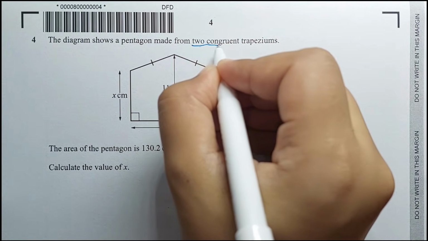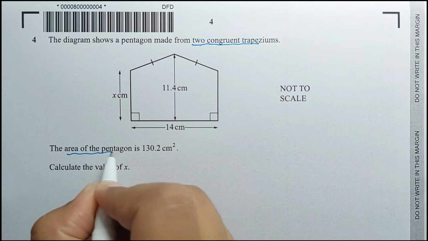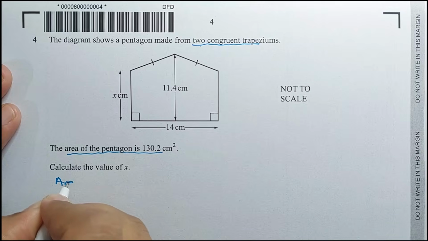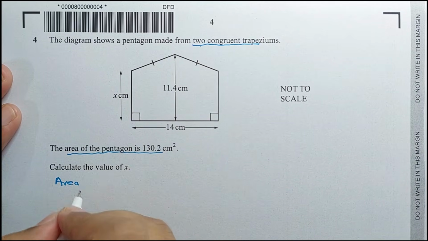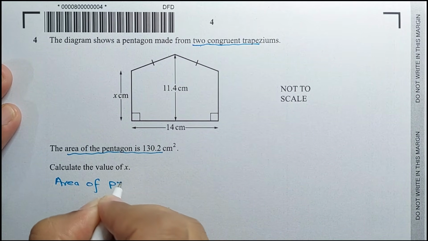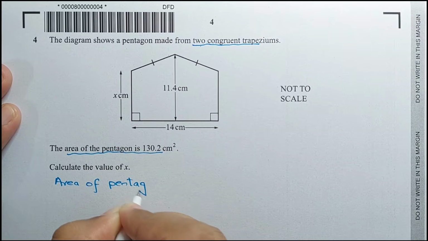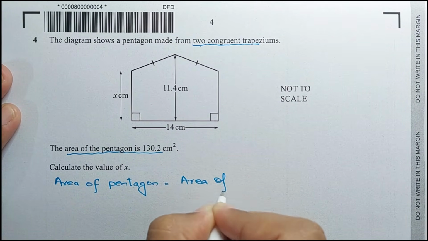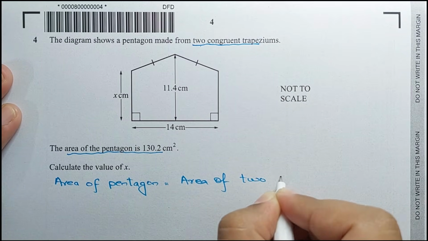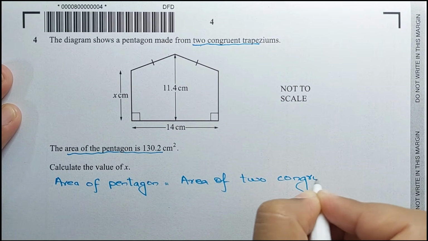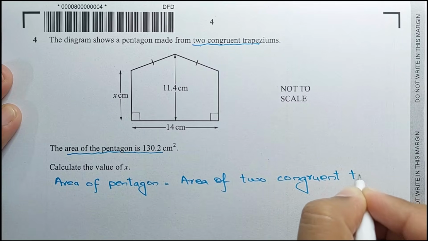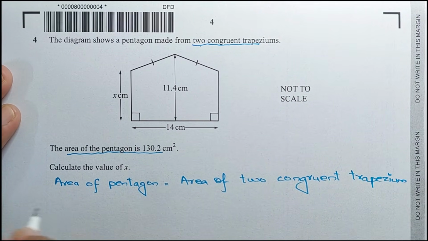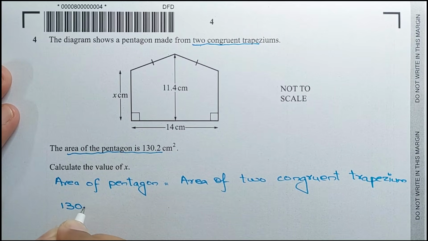So we can say the area of this pentagon is basically equal to the area of two congruent trapeziums. Right, so this is 130.2.